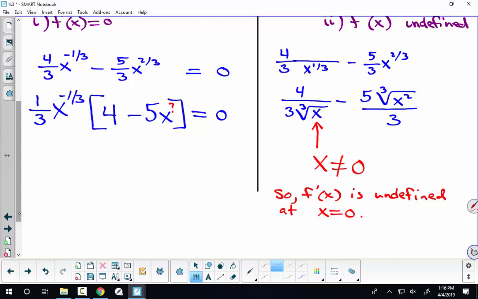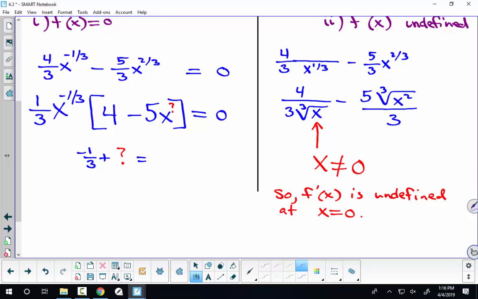Well, so what do we do when we multiply this x to this power times this x to that power? What do we do with their powers? You add them together, right? So if I take this negative 1/3 and add that to this power that I'm trying to figure out, what should I get?